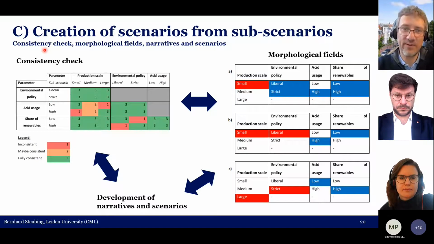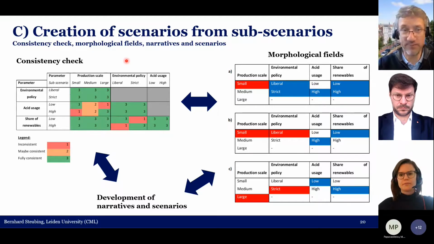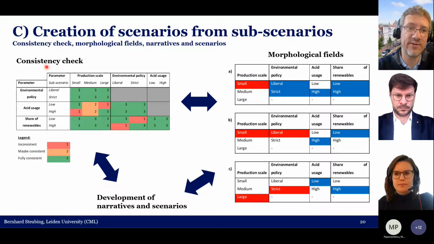The next step, once we have all of the scenario, sub-scenario values for each parameter, we can think about the creation of scenarios. And there may be a couple of tools that can help. One is a consistency check.